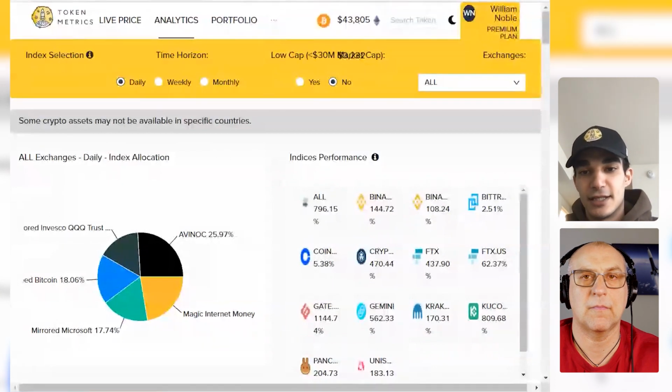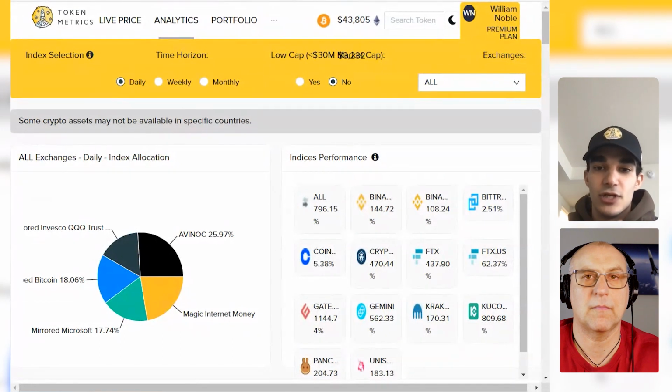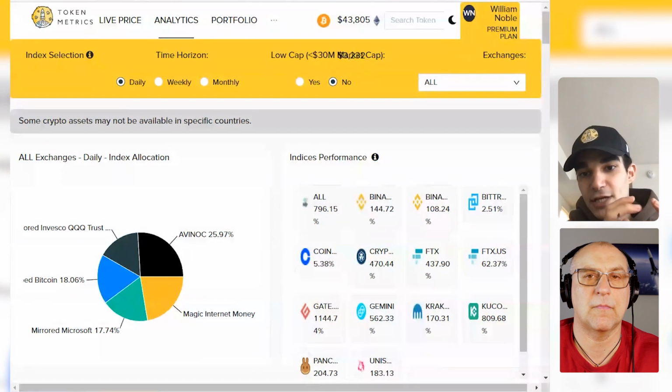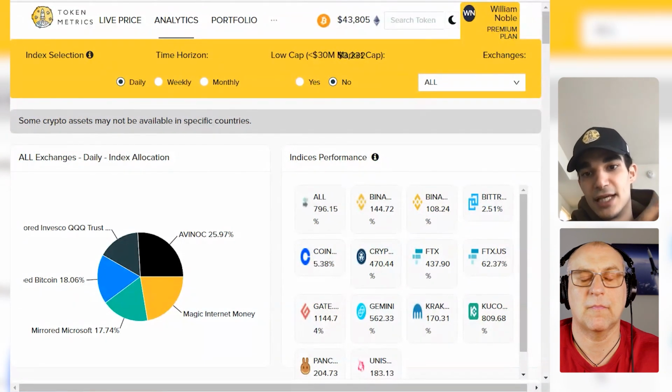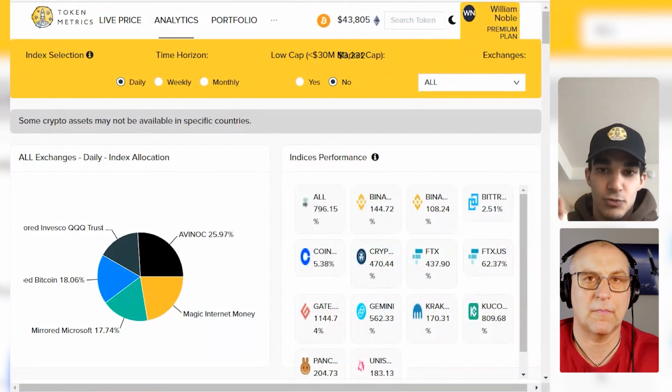So when you start seeing these drawdown periods and these volatile moments, usually for diversification purposes and reducing risk, we tend to see higher allocations to Bitcoin.